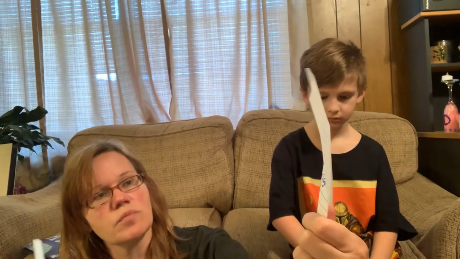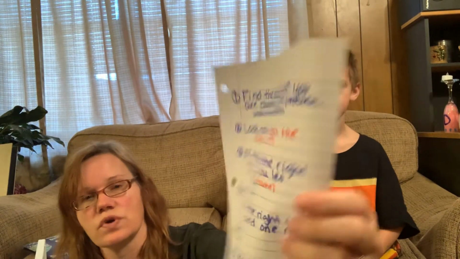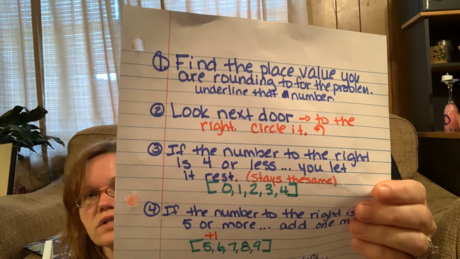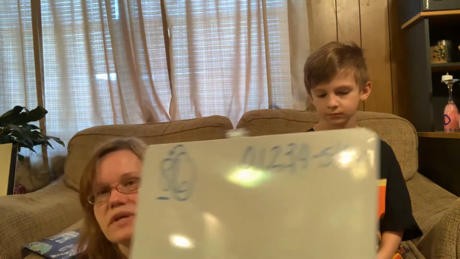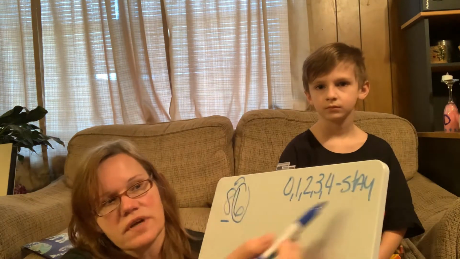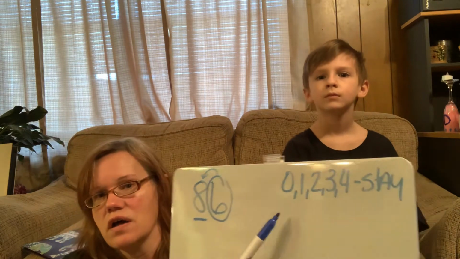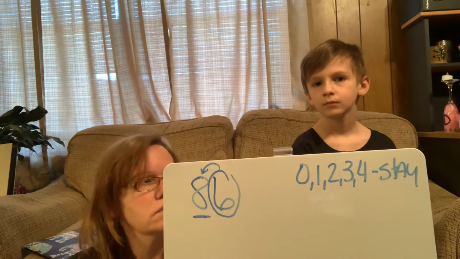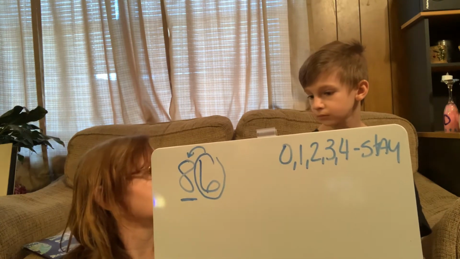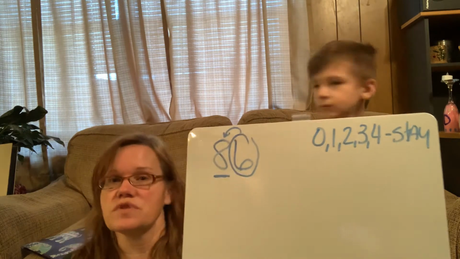So our next one says if the number to the right is 4 or less, we're going to let it rest. So if it's a 0, 1, 2, 3, or 4, it's going to stay the same. So I wrote that right here. So is a 6 in the 0, 1, 2, 3, or 4? Is a 6 a 0, 1, 2, 3, or 4? Nope, so if it's not, we got to go to the next step, okay?